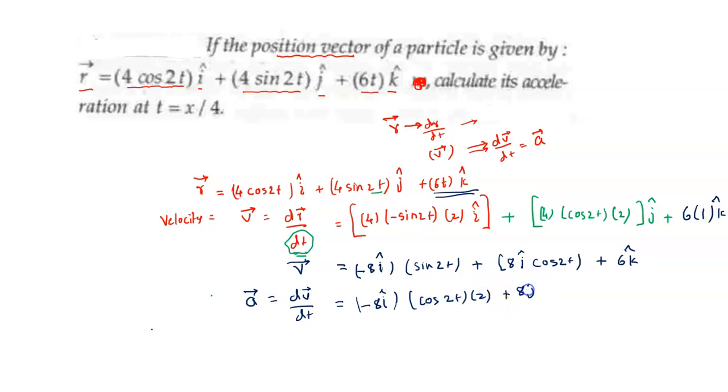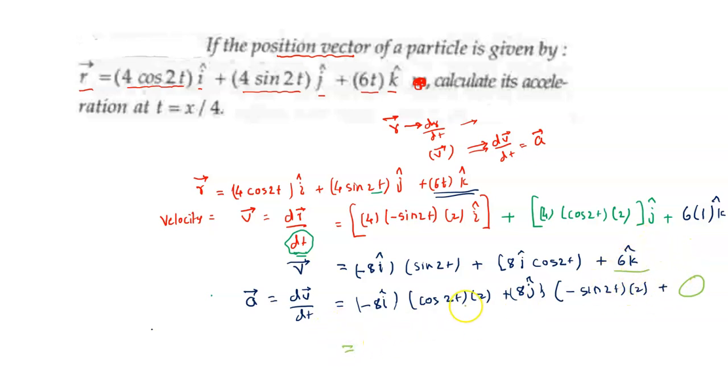Plus 8 j hat, keeping the constant as it is, cos of 2t becomes minus sine of 2t into 2. And the 6 k term is a constant, so its differentiation will be 0.